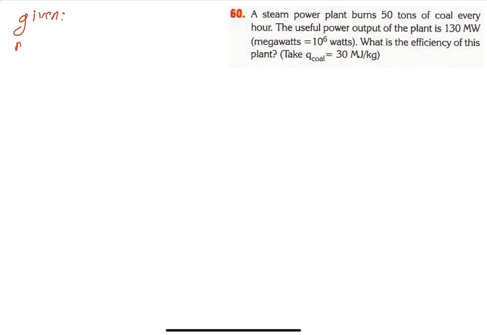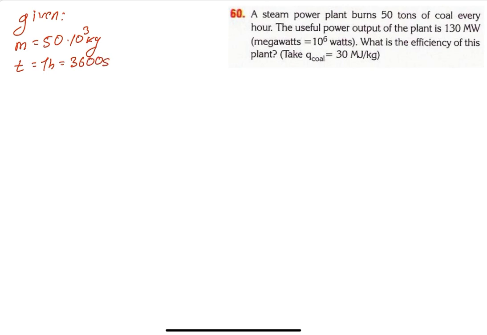So it would be better if you write the given. So we have the mass, which is 50 times 10 to the power of 3 kilograms. And then we have time, which is 1 hour, or which is 3600 seconds.